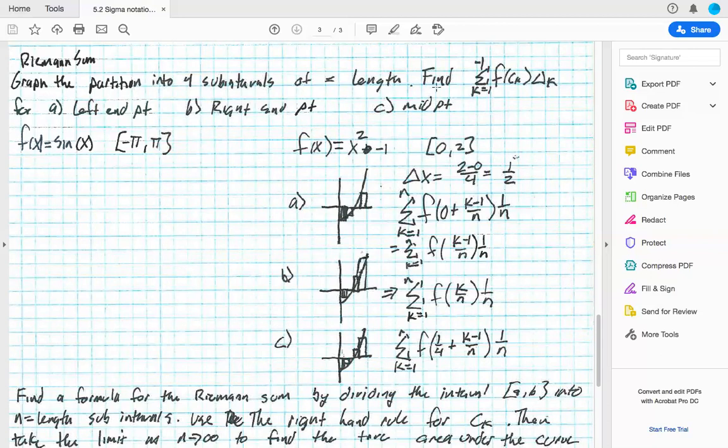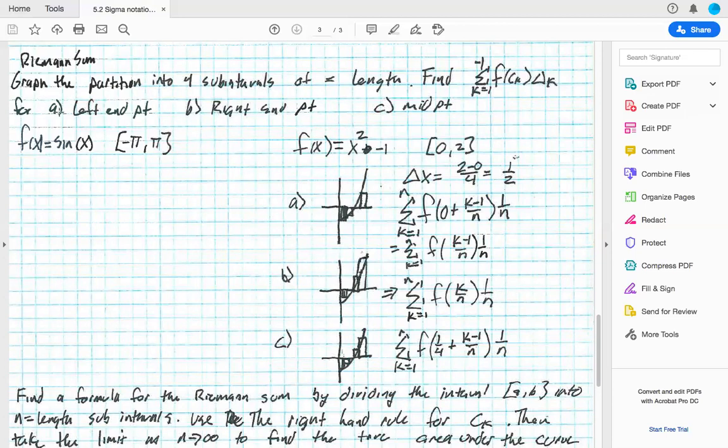We're going to find the sum from k equals 1 to 4, that's a 4 up there because we have 4 subintervals, of f of ck, where ck is going to be the right or left endpoints, we'll figure that out in a minute, times our little delta k, which is, again, height times width.